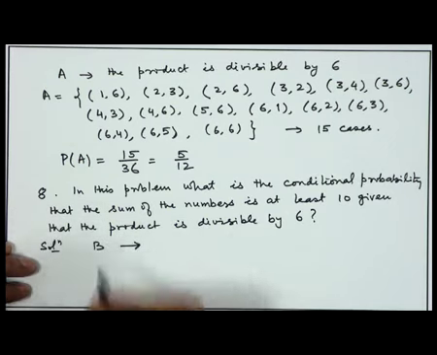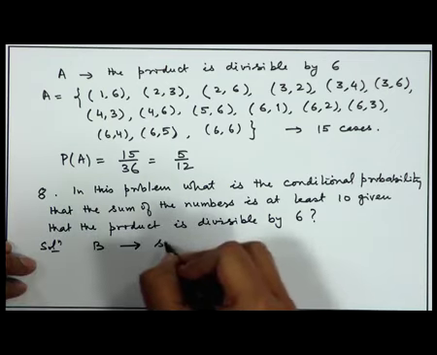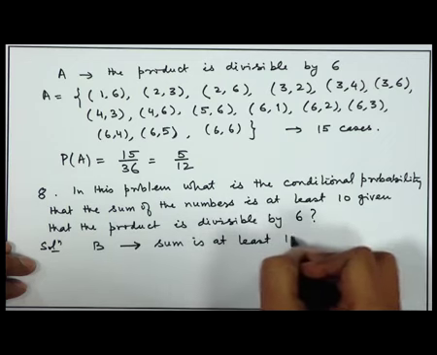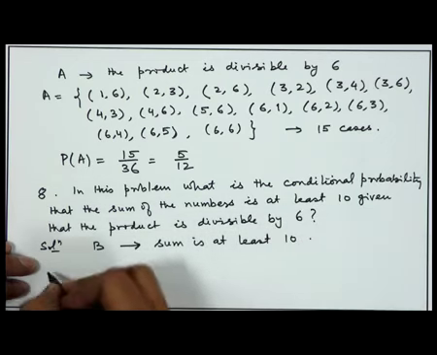So, let us define the event B, that the sum is at least 10. Then what are the elements in B?